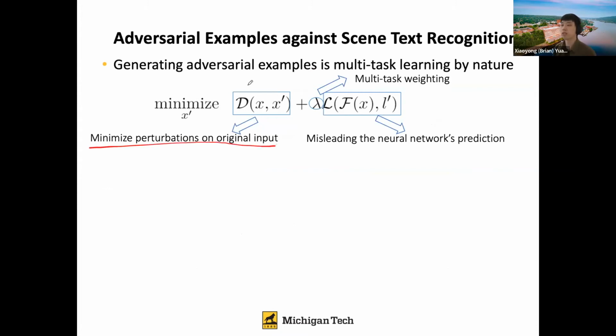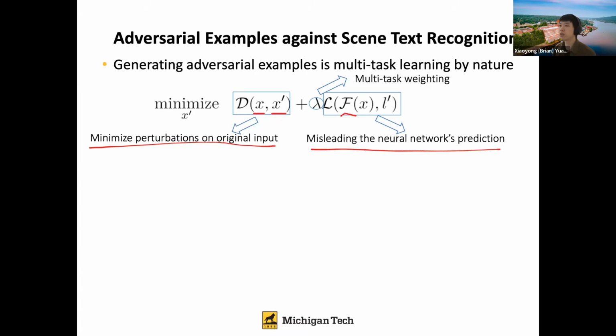We want the distance between the original input x and the adversary input x prime to be as small as possible.